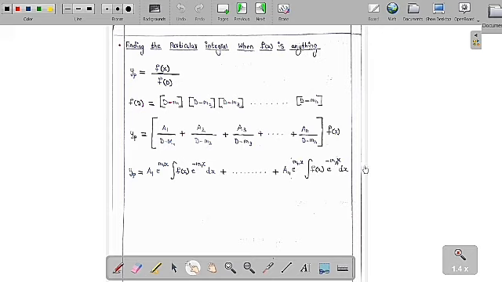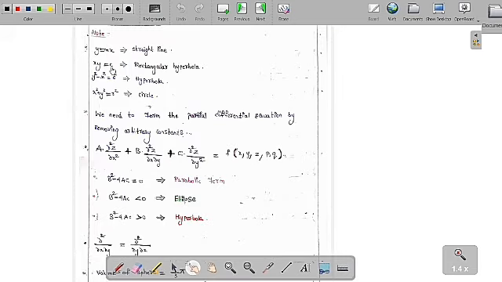You have to follow this procedure to get the value of yp. You have to go through this procedure for each and every element, and finally you get yp, which is called the particular integral solution for this f of x as the input. Now we'll discuss some important points here.